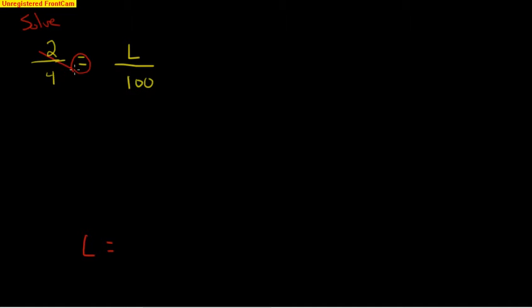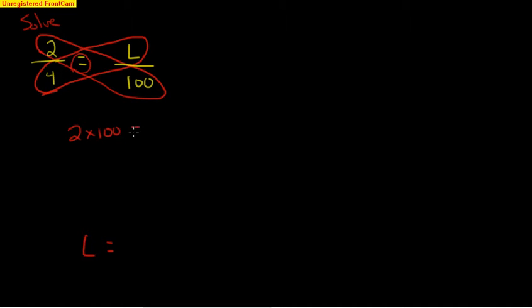We know that numerator times denominator will equal this denominator times numerator. That's an equation. 2 times 100 equals 4 times L. Simplify the left side. 200 equals 4L.